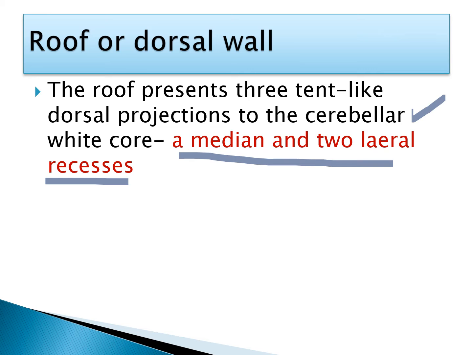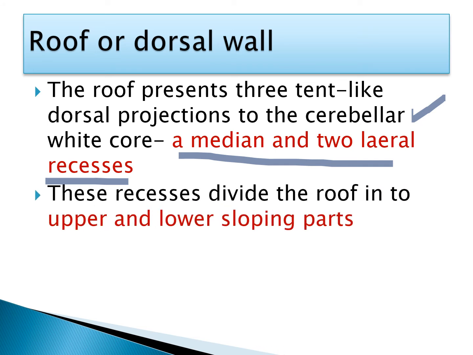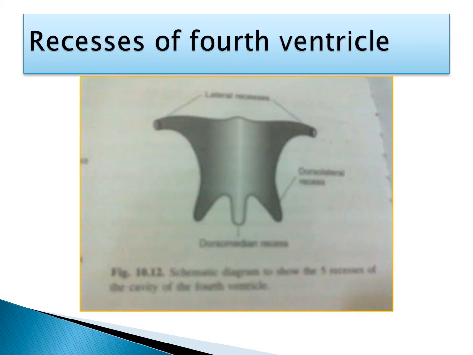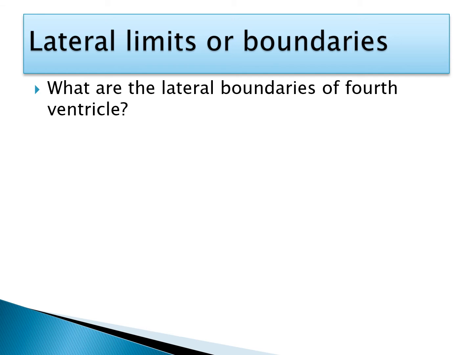First we will see the roof recesses, then the other recesses. These recesses divide the roof into upper and lower sloping parts. These are the three recesses present in the roof of the fourth ventricle. Other recesses we will see in the last.